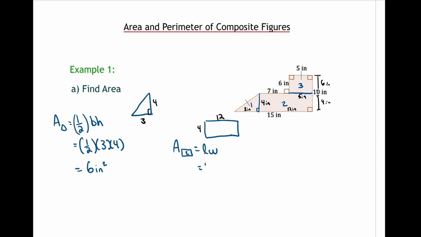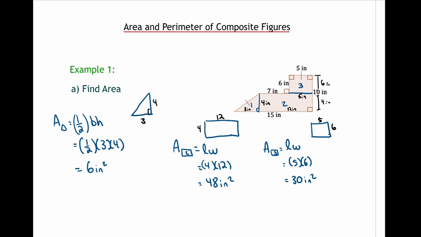So in this case, 4 times 12, which equals 48 inches squared. And then in our third shape, the smaller rectangle, again, it's length times width. If I draw it out just to get my measurements again, it was 5 by 6. So 5 times 6, or 30 inches squared.